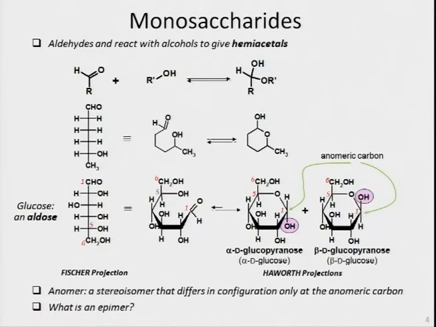So if you think about the aldehyde being in the plane of my hand, the alcohol can attack from either the top or the bottom. And so you get two different products. There's one in which the hydroxy group goes down, and one in which the hydroxy group goes up. And so you get two different forms. You get what's known as alpha-D-glucopyranose and beta-D-glucopyranose.